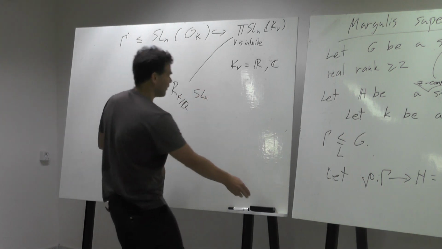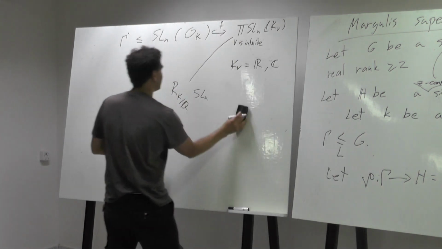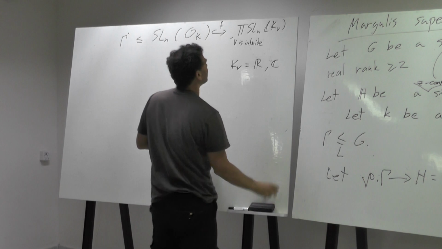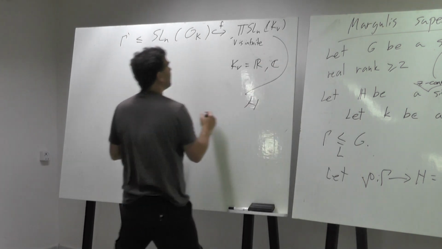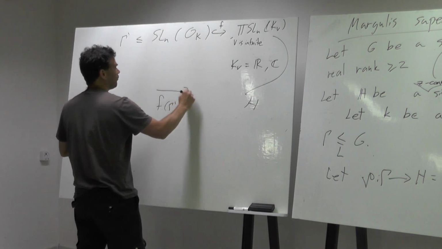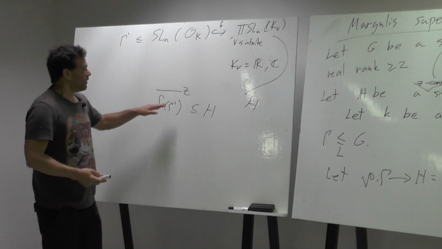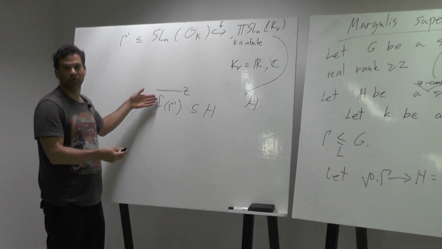Let's call this group H, and let's call the map F. Then look at F of gamma, the Zariski closure inside H, and it's a semi-simple group.